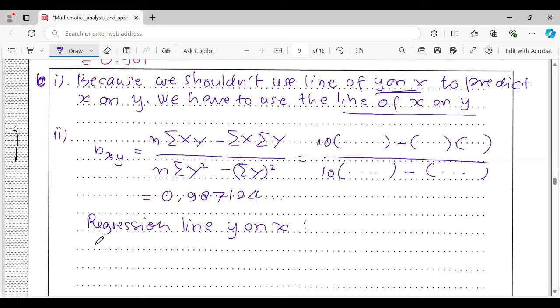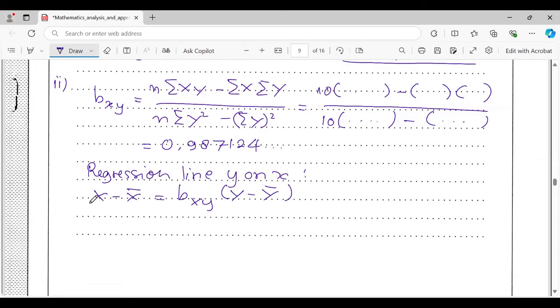The formula is like this: x minus average x equals bxy times y minus average y. It is x minus 79.6 equals 0.987124 times y minus 83.9.